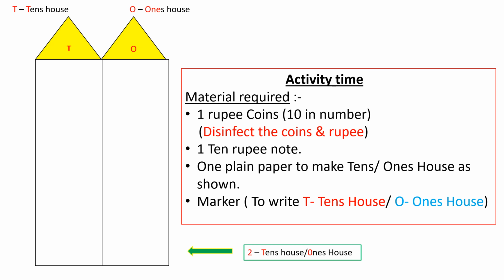Parents, please disinfect the coins and rupees before you give it to the child. 1 ten rupee note, 1 plain paper to make tens and one's house as shown, marker pen to write tens and one's house.